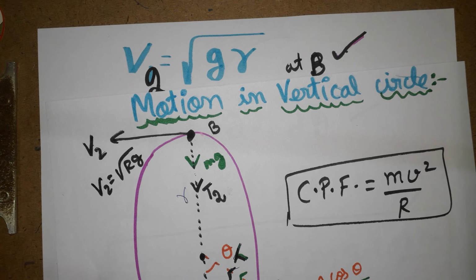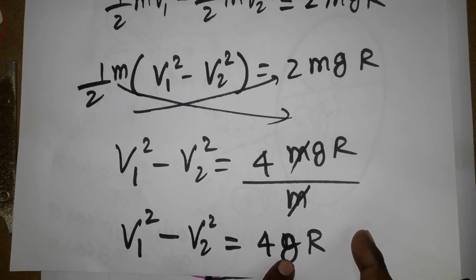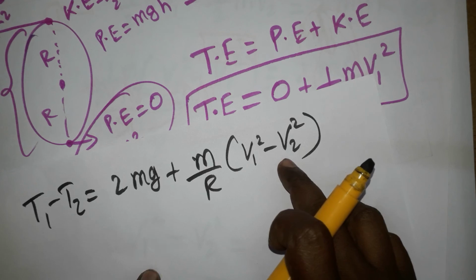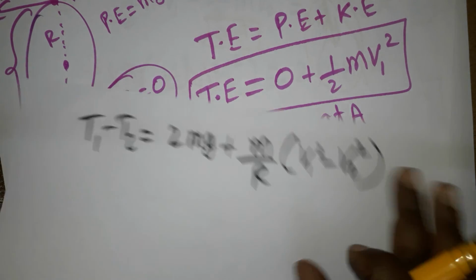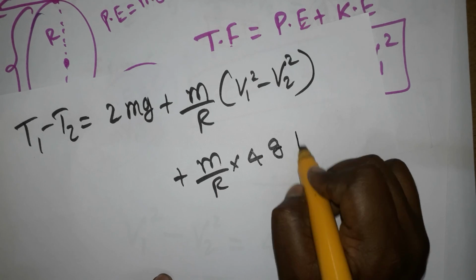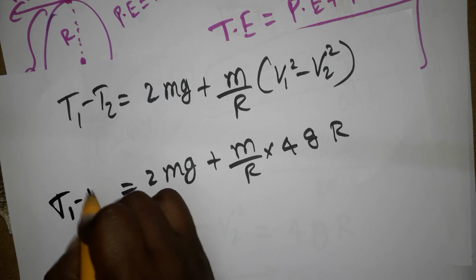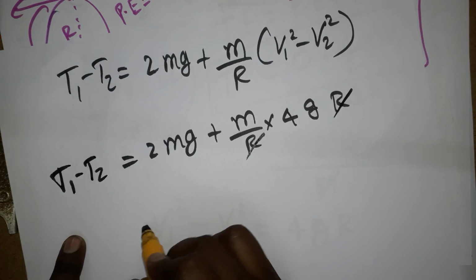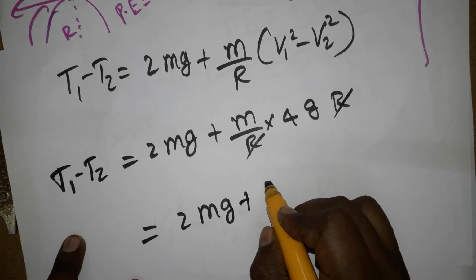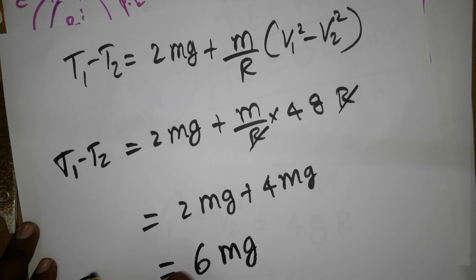We already learned that v1 square minus v2 square is equal to 4 times gr. The same equation I am going to use: v1 square minus v2 square is 4rg. So it's going to be m divided by r into 4gr, which gives 4mg. In the same equation T1 minus T2, r gets cancelled, so it's going to be 2mg plus 4mg. I am going to get 6mg as the tension difference.